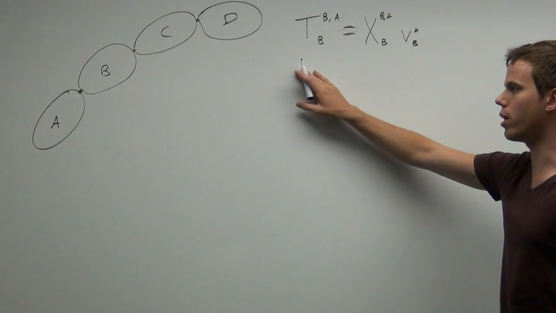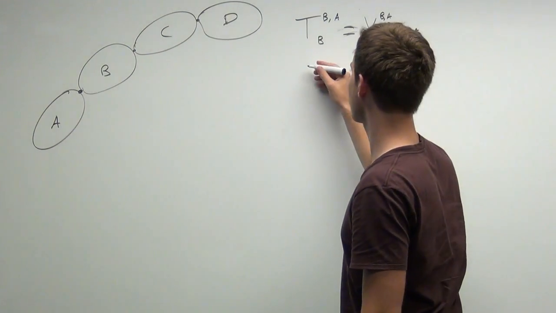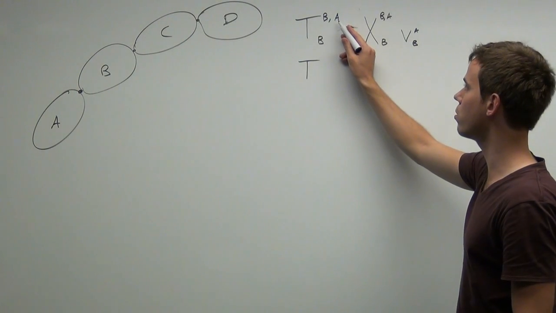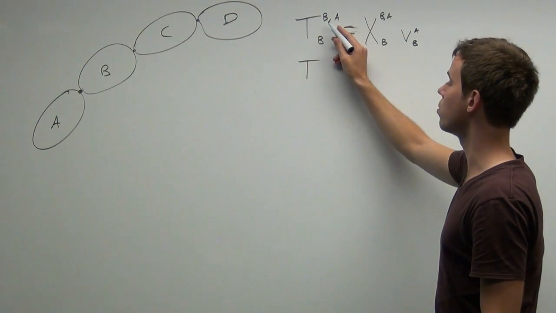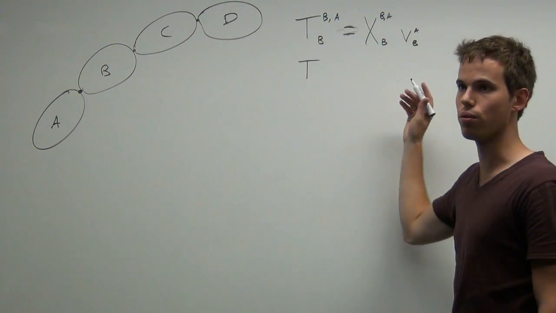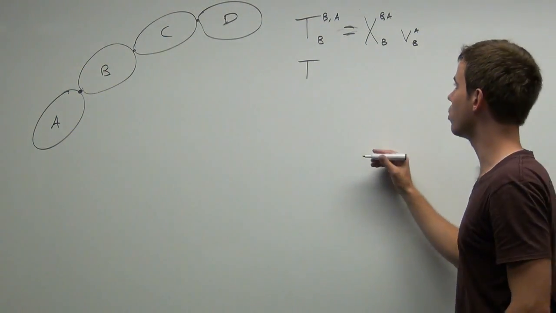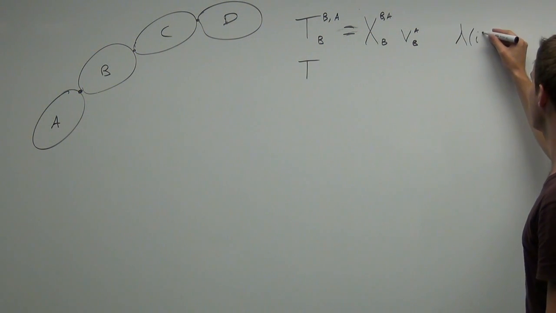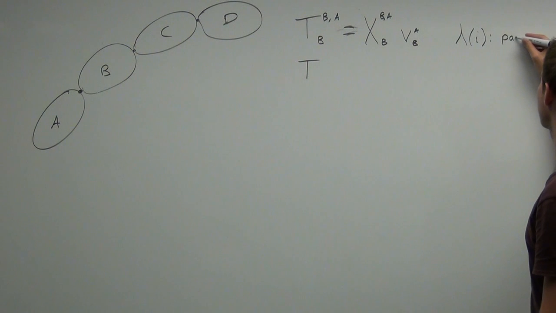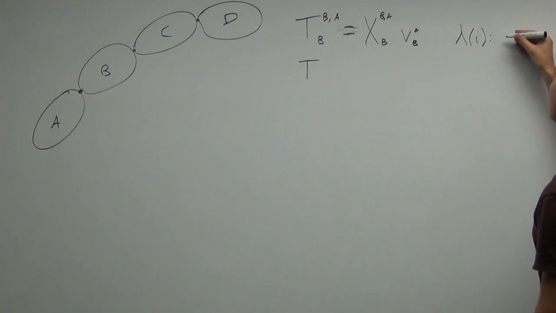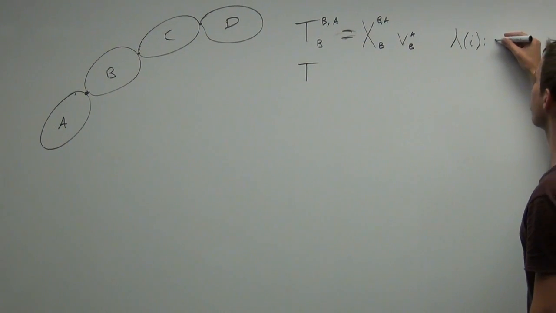Let's write this down a little bit more generally, because really what we're saying is that the twist of the successor with respect to the predecessor expressed in successor frame can be written as some linear function of a joint velocity across that joint. So let's introduce this notation. Let lambda of I be the parent body, basically.